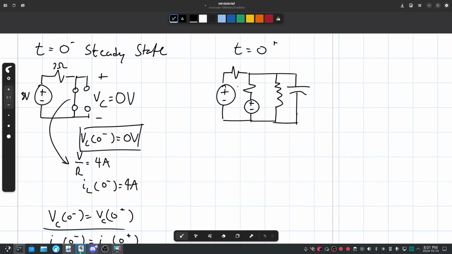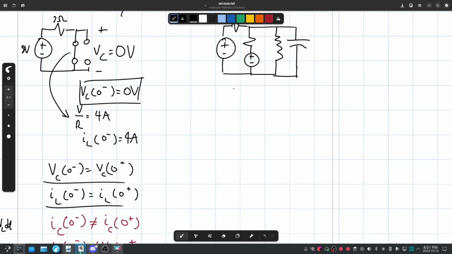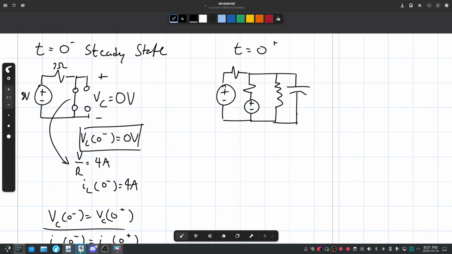And now we have t equal to 0 plus. So once again, we can do KVL here. Sorry, KCL. That's going to be 8 volts over 2 ohms, plus 2 over 2.